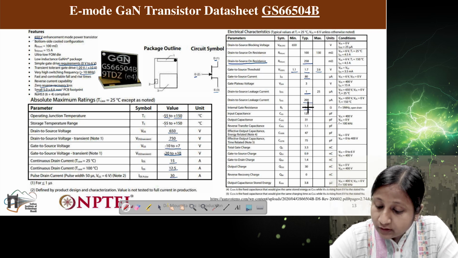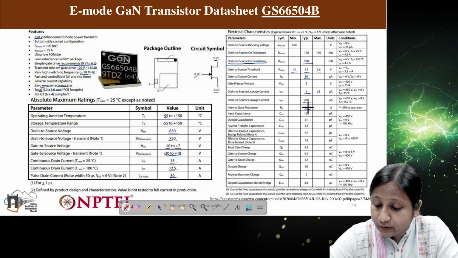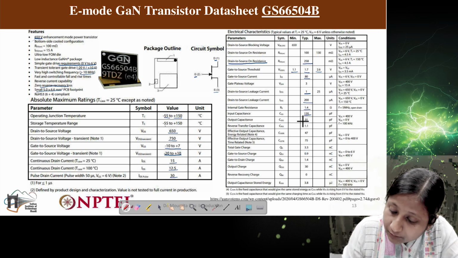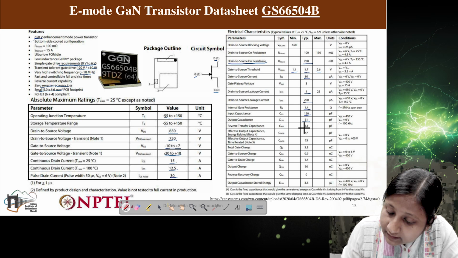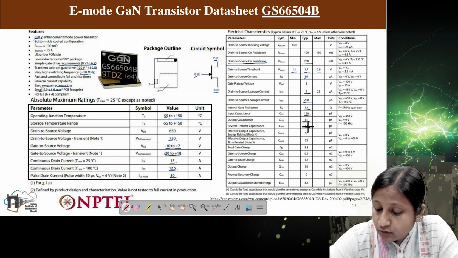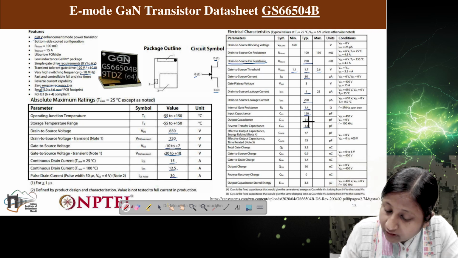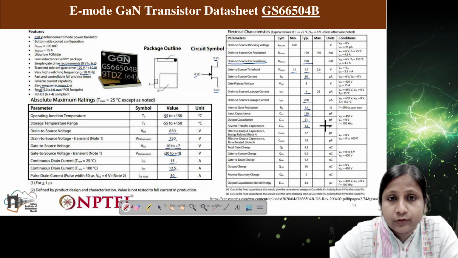Now the main thing for this device operation at high frequency, the capacitances, different parasitic capacitances, input, output and reverse transfer capacitance. You can see here this reverse transfer capacitance is around 1 picofarad, output capacitance 31 picofarad and input capacitance 120 picofarad.